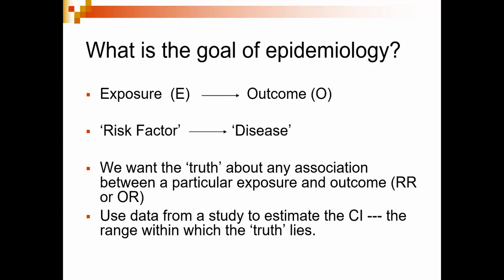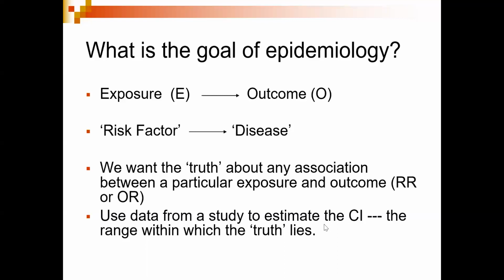And using the concept of inference, usually we want to estimate the confidence interval. The confidence interval is the range within which the truth lies. Whatever parameter you're estimating, the range where it lies will be your confidence interval.